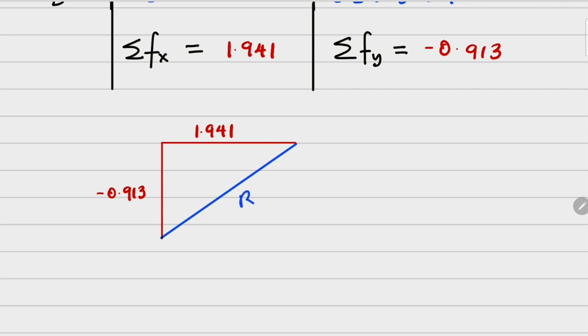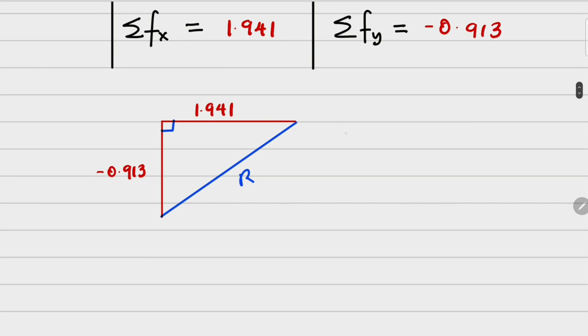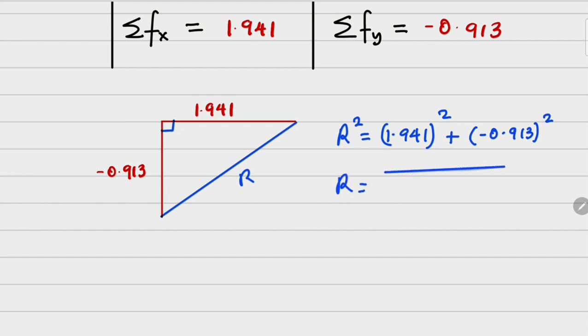Because this is a right-angled triangle, I'm going to use the Pythagorean theorem, so that R squared will be equal to 1.941 all squared plus minus 0.913 all squared. So R will be the square root of 1.941 squared plus minus 0.913 squared.